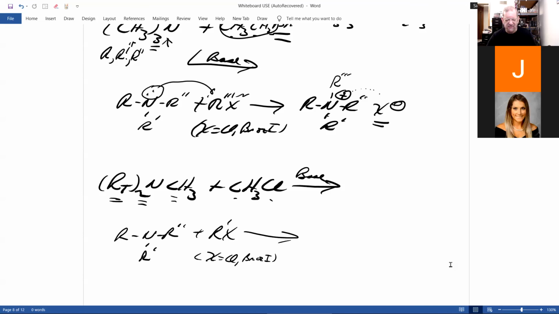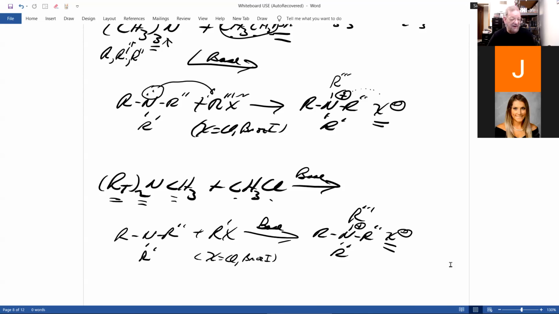In the presence of base, you'll get a quaternary ammonium salt, where all the R groups could be different or the same or whatever. And this quaternary ammonium salt has an anion. Don't forget that or you'll get it wrong.